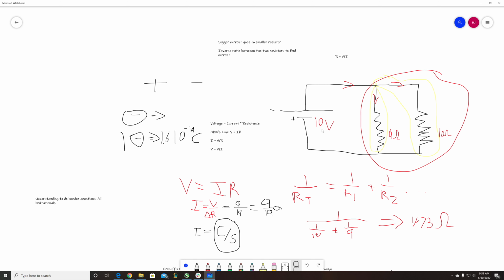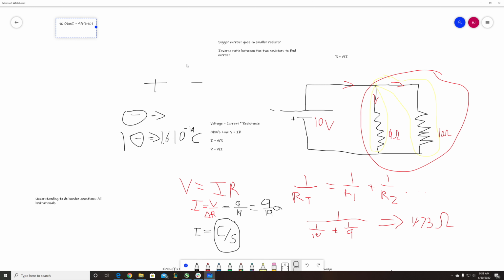The I for the 10 ohm would be equivalent to 9 divided by 9 plus 10, because as explained, the bigger current always goes to the smaller resistor, which means it's an inverse ratio. It will be 9 divided by 9 plus 10.